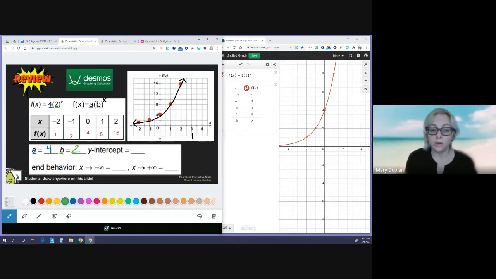You can also remember that last week I told you that in an exponential function, the y-intercept is always the same value of a. Okay, so if I look at the graph, it's crossing at 4. If I look at the table, it's the ordered pair 0, 4. If I look at the value of a, it's 4. So there's lots of different ways to think about it.